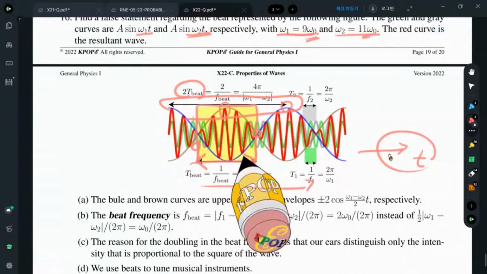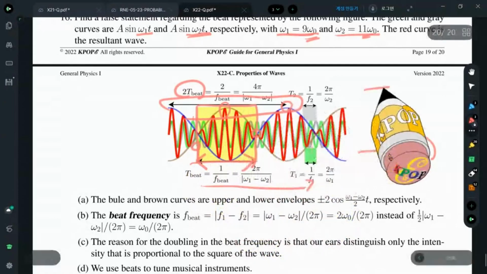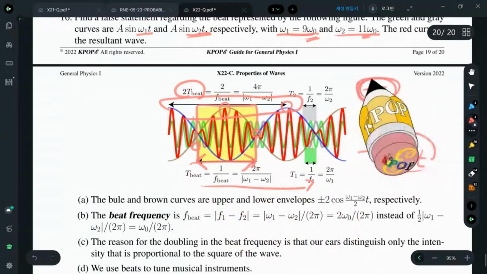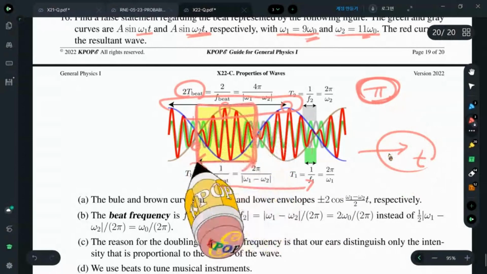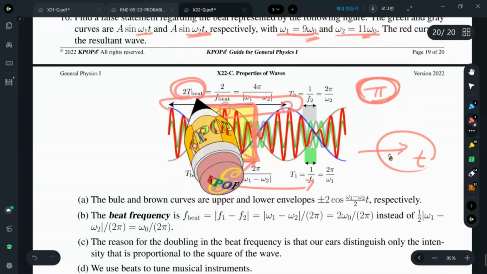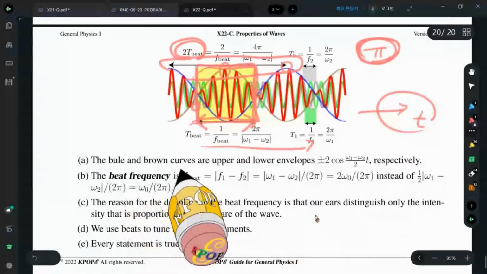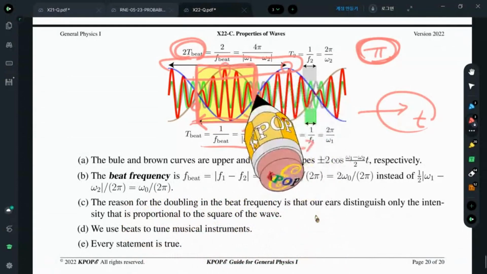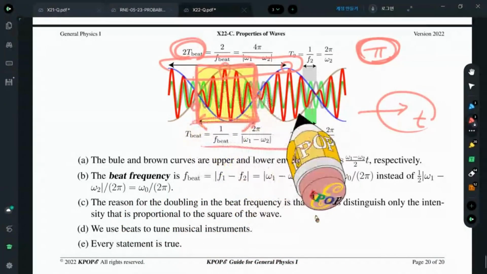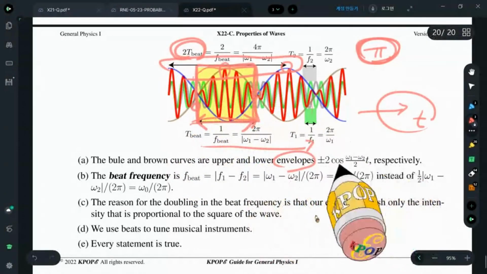Although our ear does not distinguish this part and this part that are in opposite phase, we notice this one to be the frequency of a beat instead of 2 times. That is mathematical. So the blue and brown curves are the upper and lower envelopes. We call this big wave shape an envelope.